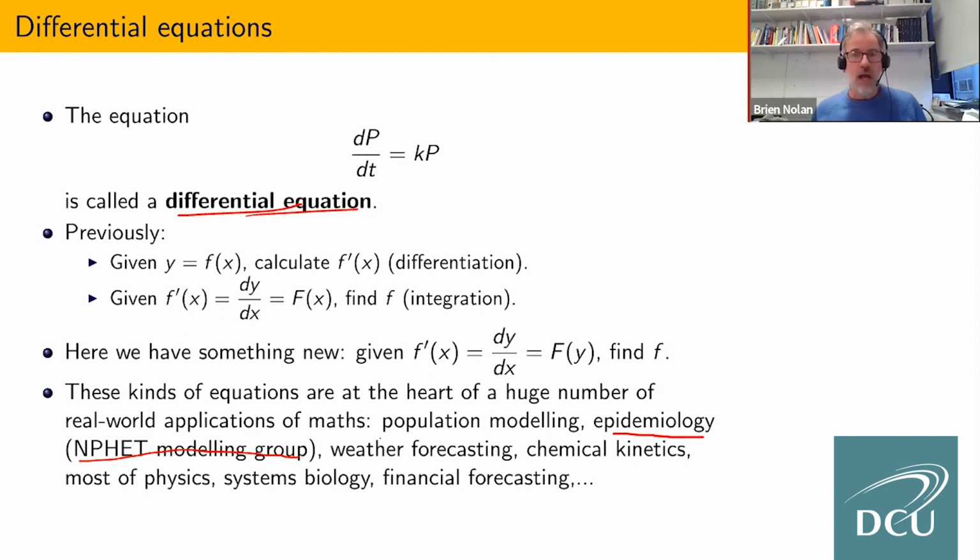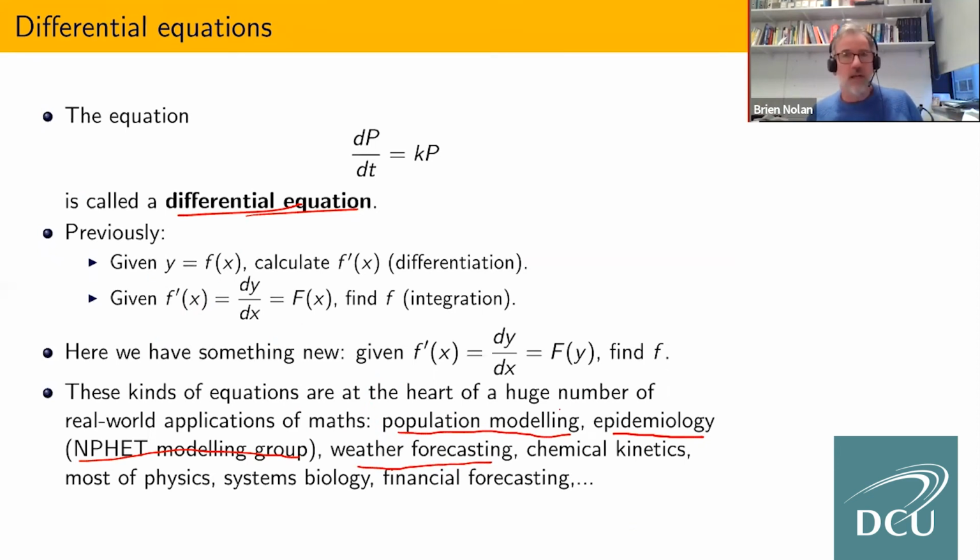So we can use these differential equations to model populations, to model the spread of diseases, to predict what the weather will do. They're on the news every night because weather forecasting at Met Éireann, down the road in Glasnevin, uses differential equations to predict what the atmosphere is going to be doing tomorrow and next week and so forth. They arise in chemical kinetics.